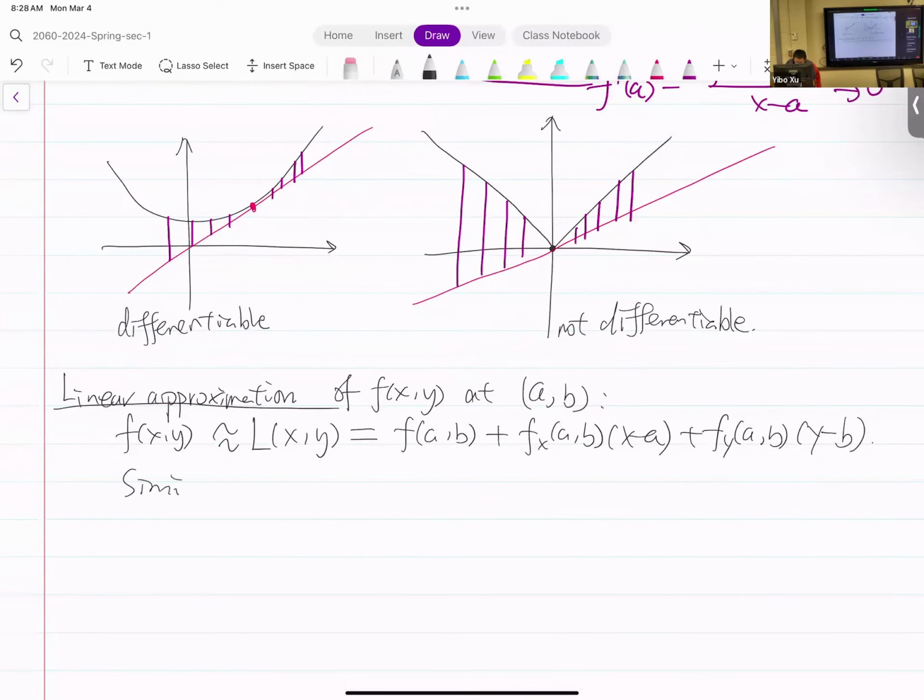So there is a similar definition for differential and differentiable functions, differentiability.